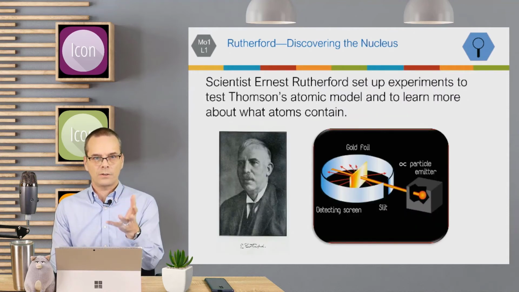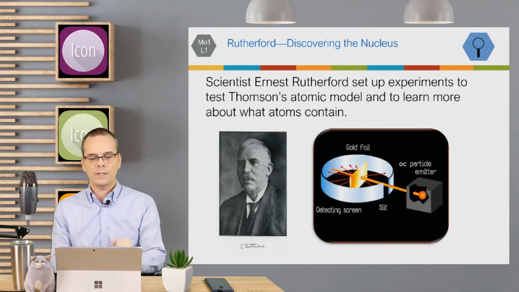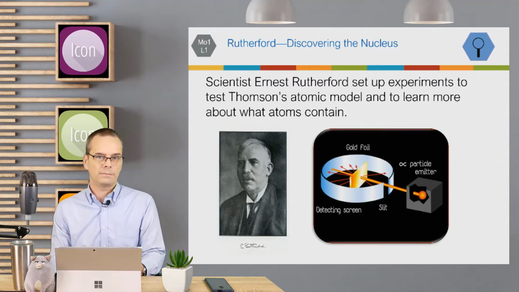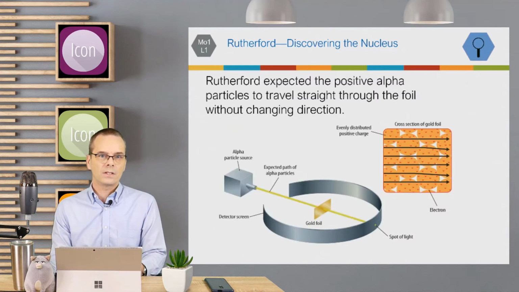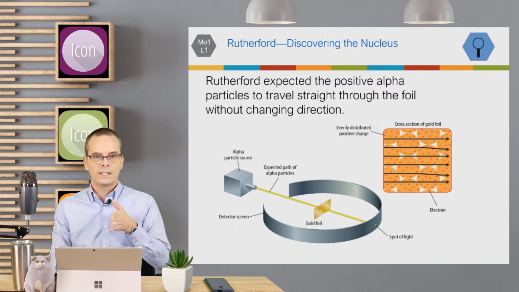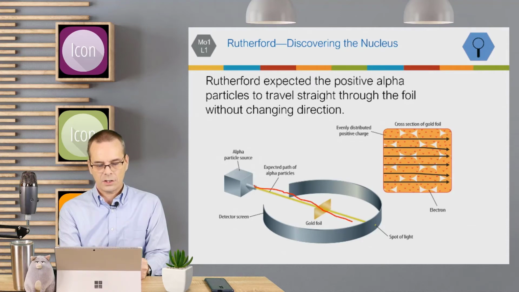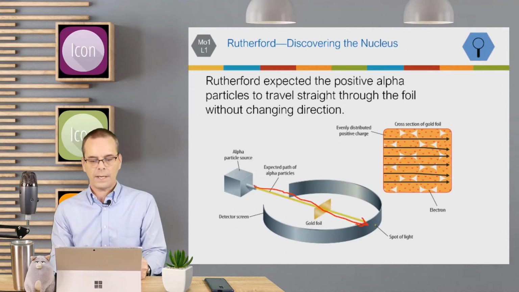Then Ernest Rutherford came along and he started doing some experiments and learned more about what the atom contained. What happened is he expected the positively charged alpha particles to travel straight through his gold foil without changing direction. So he shot this alpha particle source, and he expected it to go straight through the gold foil and hit the back.